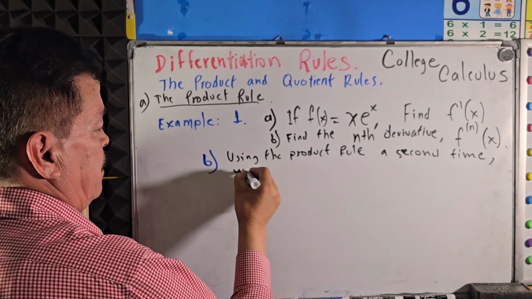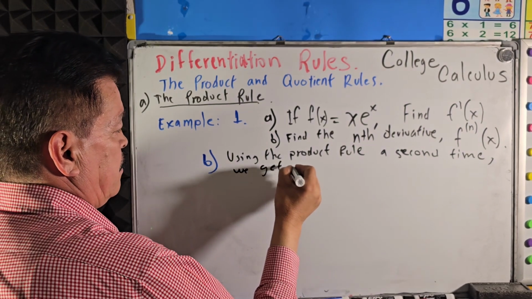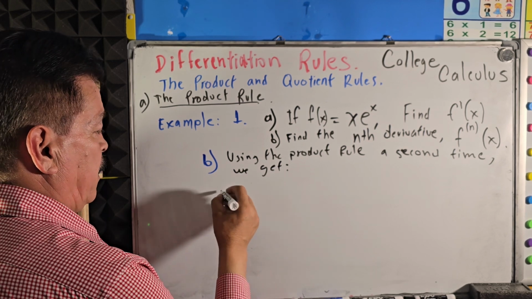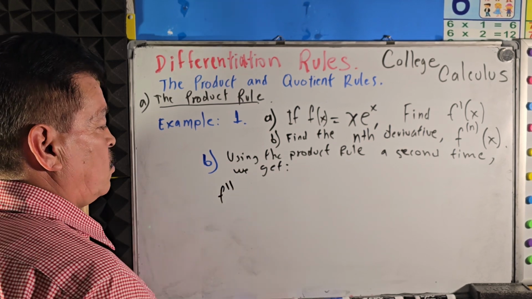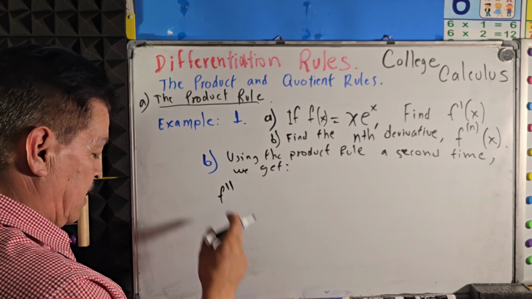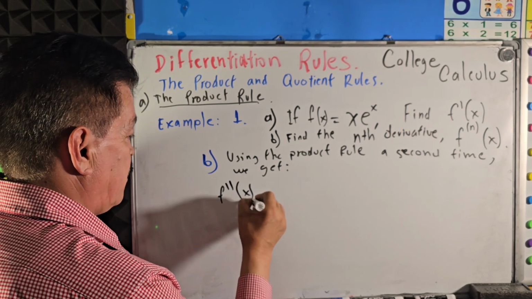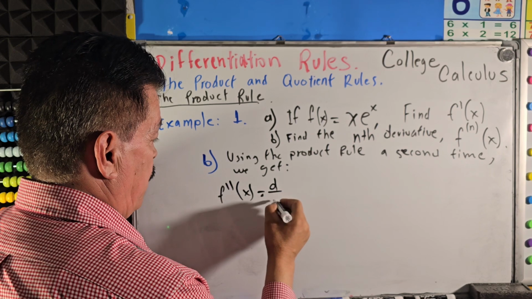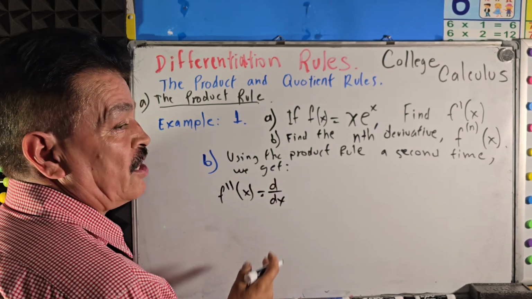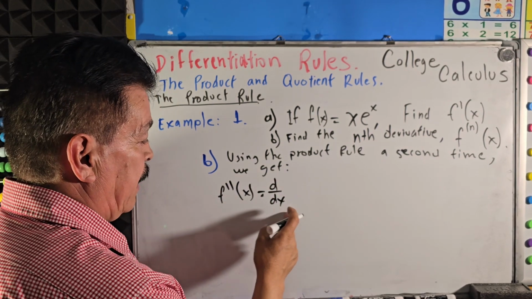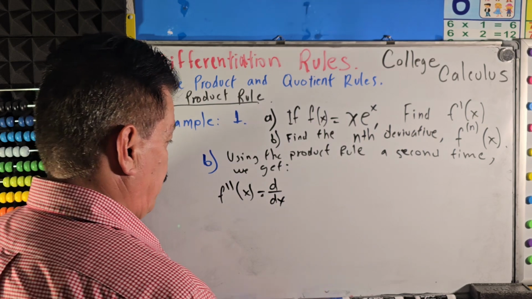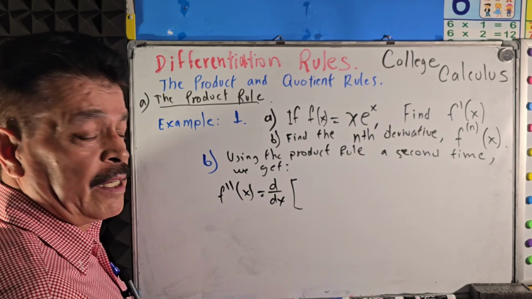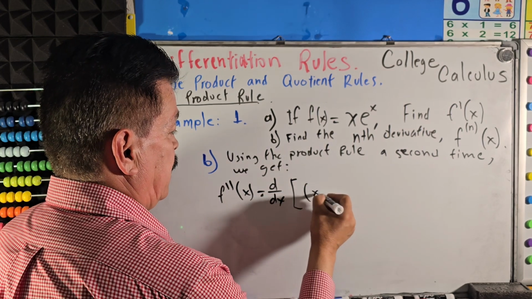The second derivative of x is the derivative d over dx of the quotient x plus 1 times e to the x power.